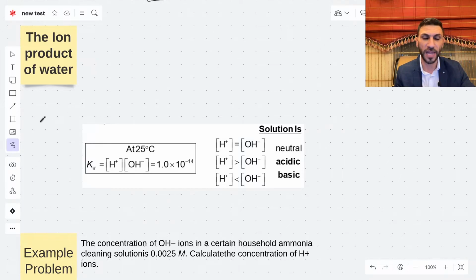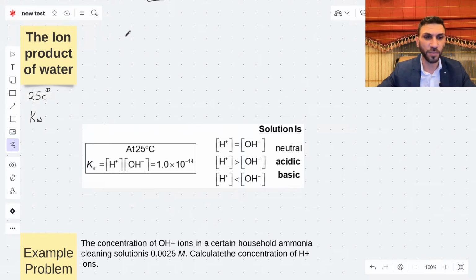The ion product of water is a constant at constant temperature, which is usually 25 Celsius. And it changes only when the temperature changes. So basically it's a constant, but only when the temperature is constant. And we give it the symbol Kw, the constant of water, or the ion product of water.